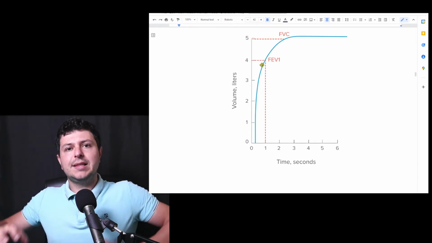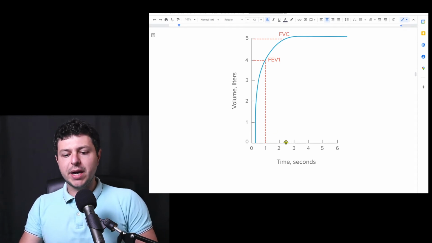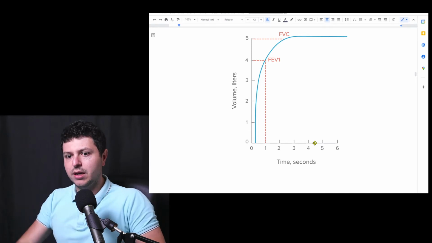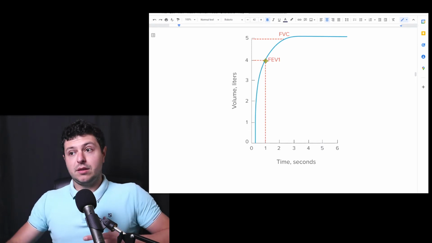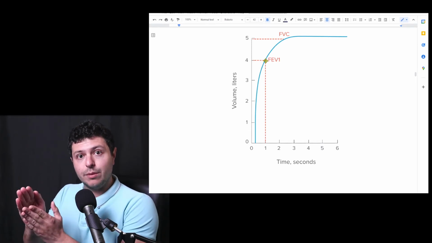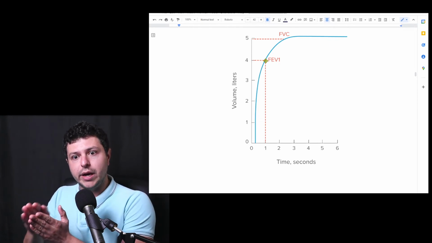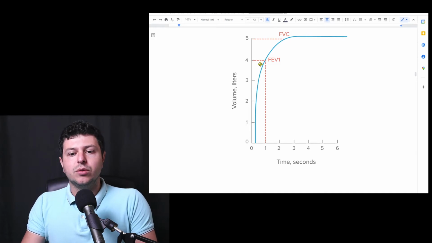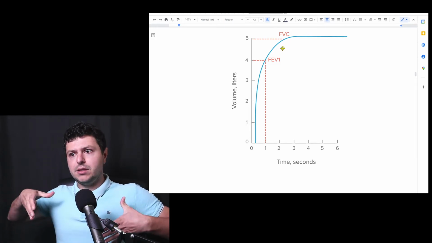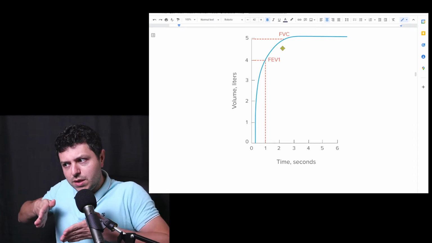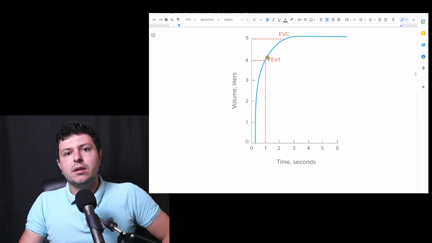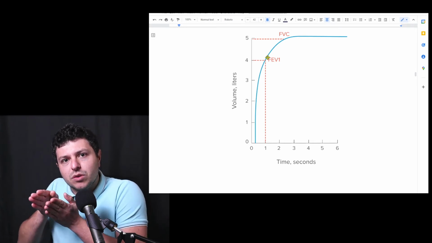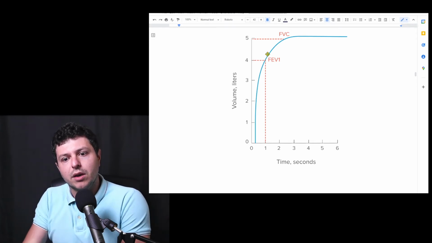And then towards the end, as more and more seconds pass, as I'm squeezing out all the air, the rate of flow, how quickly I'm taking the air out, starts to go down. So I'm breathing the air out slower and slower. The last part of the test is actually the most difficult, when you're squeezing everything out and only taking out small amounts of air at a time, slowly.